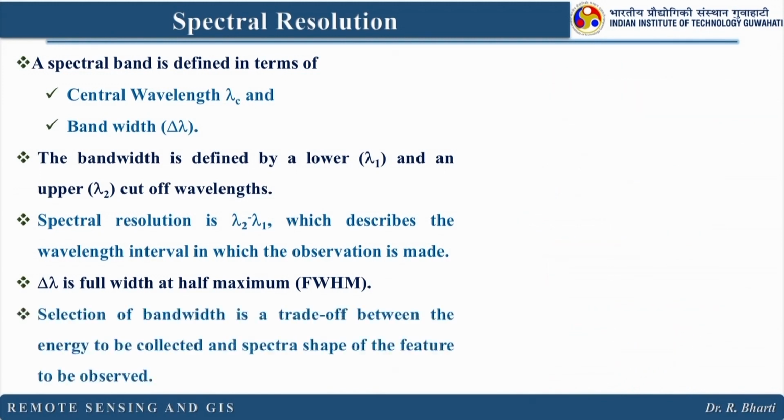Then selection of bandwidth is a trade-off between the energy to be collected and the spectral shape of the feature to be observed.